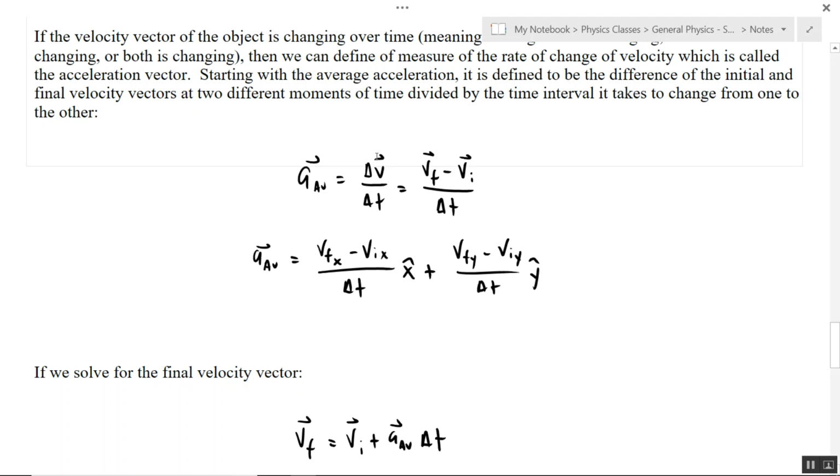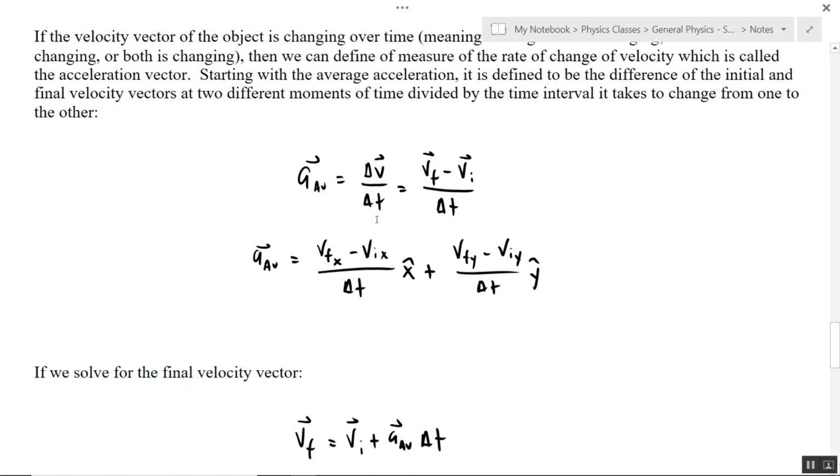So if you figure out the velocity vector at some point, like 0 seconds, and then find the velocity vector at say 2 seconds, and you subtract those two vectors and divide by the time it takes to change from one to the other, that is what's known as the average acceleration. The average acceleration is related to how much the velocity is changing with time.